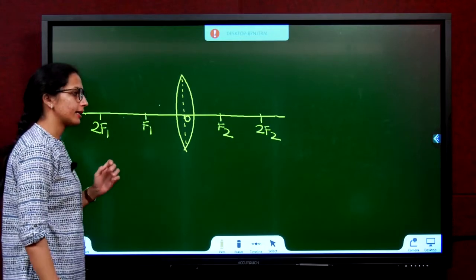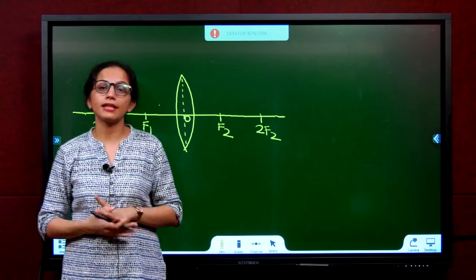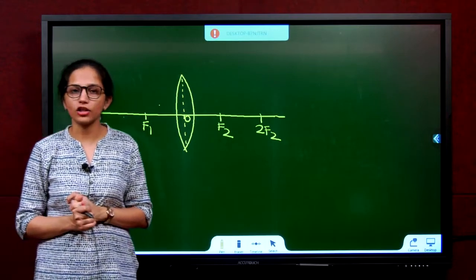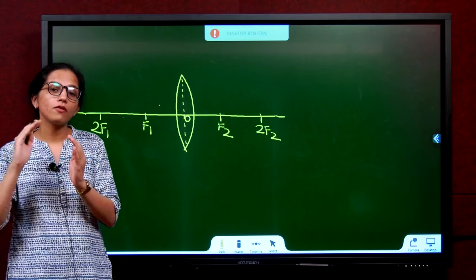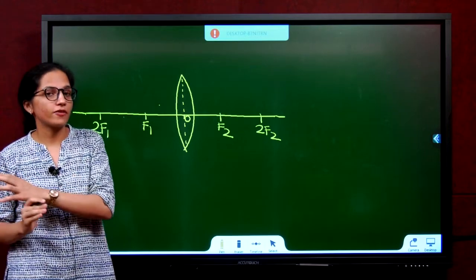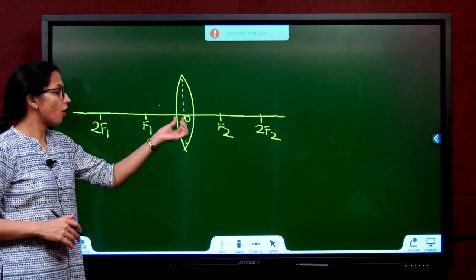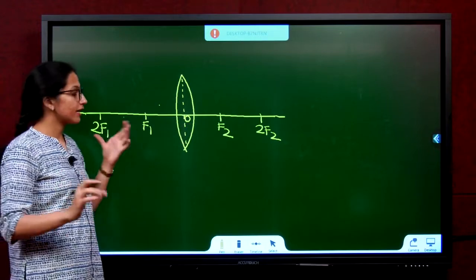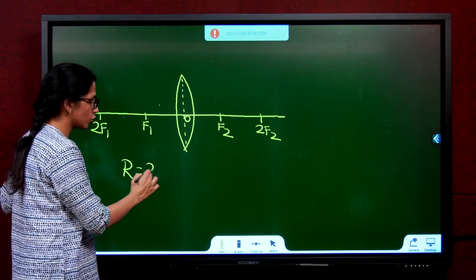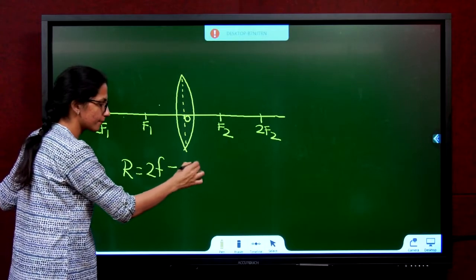Please understand, while drawing ray diagrams for lenses, we don't consider the center of curvature. In the case of mirrors, we took pole, focus, center of curvature. Here, we will be taking optic center, focus, 2 times focus. R equals 2f holds good only for mirrors.